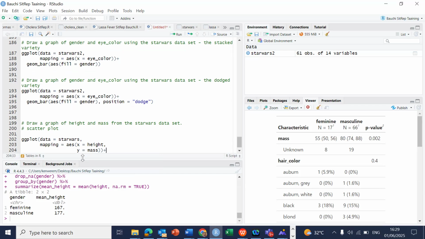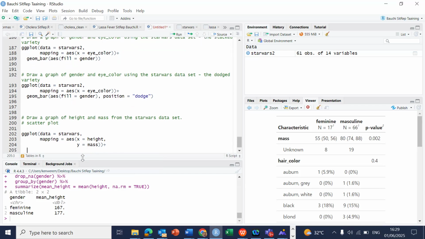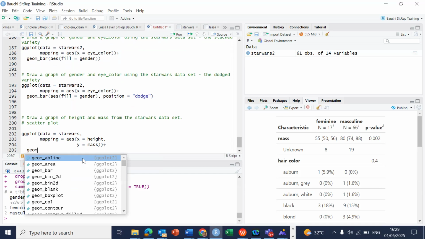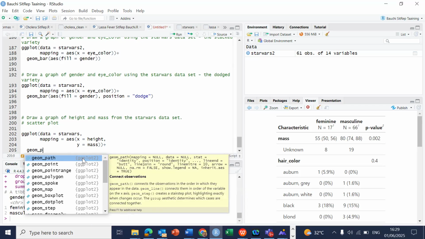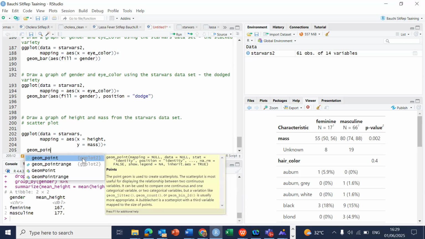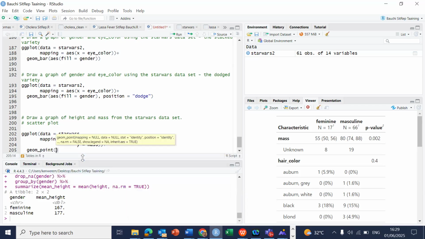Remember, this is ggplot, so instead of the pipe operator it is plus. Then our geom. What geom are we using here? Scatter plot. No, what does R call scatter plot? It calls it point. Okay, point. Don't worry, you get used to it. Because it's geom_point, right?